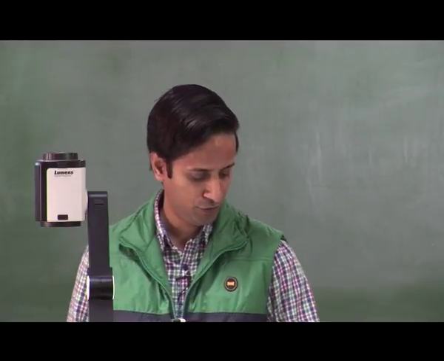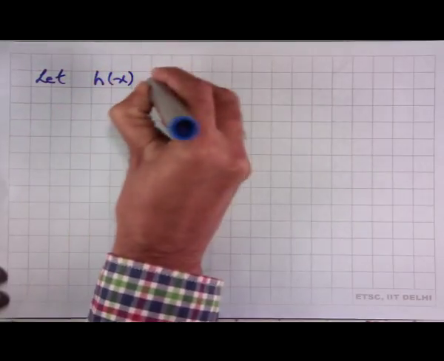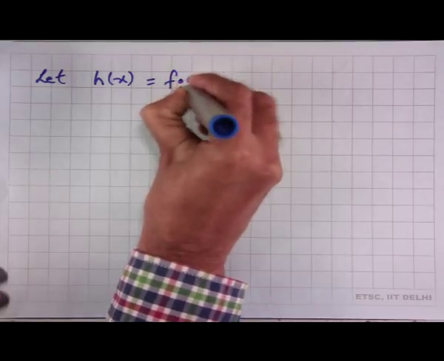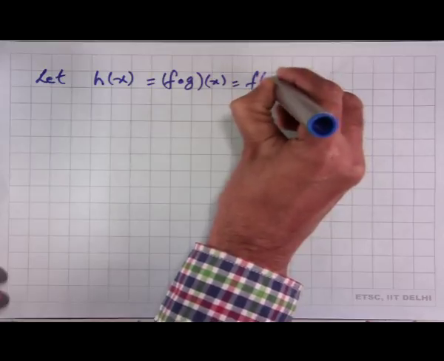So, let us try to see. Let h of x be the composite function, this is f of g of x.